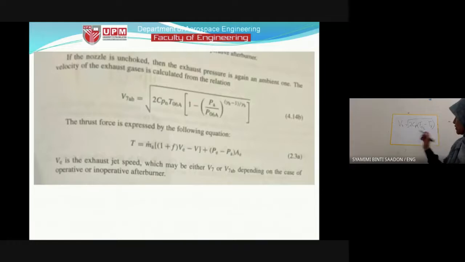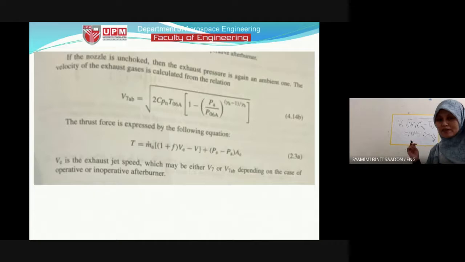Okay, so this one. T7 we have calculated before. We have T total 6, 2CP square root. So we have V7 1044.34 meter per second. So this is the velocity of the fluid exiting the nozzle.